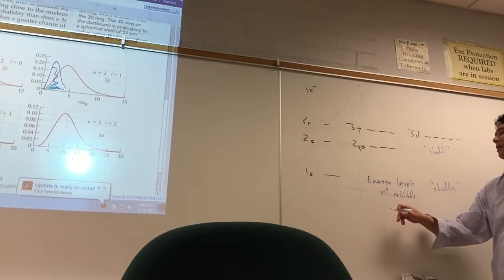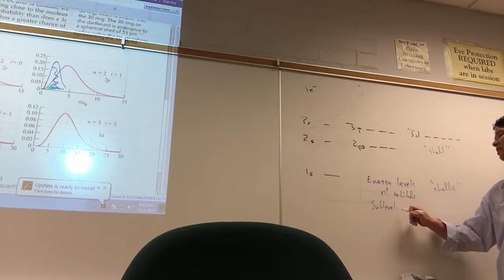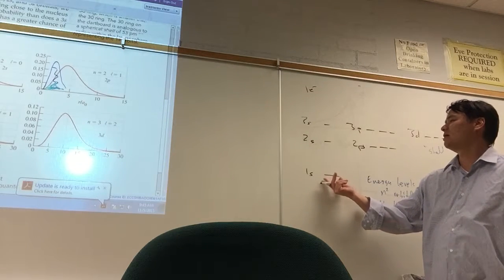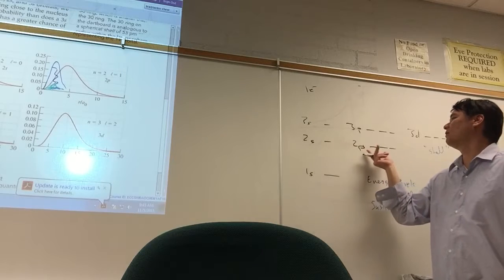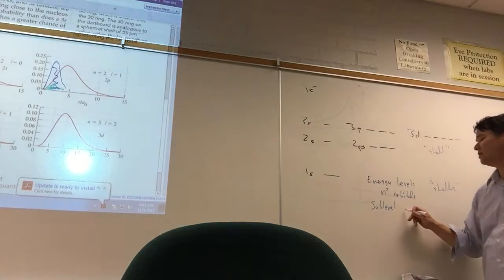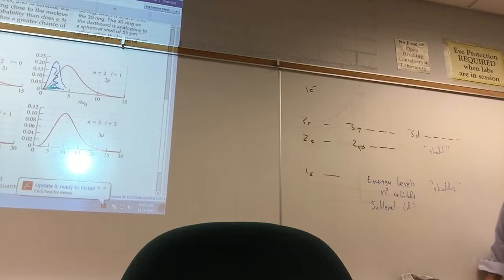But we also have sublevels. How many sublevels are there in each level? A sublevel would be, well, we have the 1s sublevel. Here we have the 2s sublevel, or the 2p sublevel. And so the sublevel is the l's, and how many l's are there for each energy level?